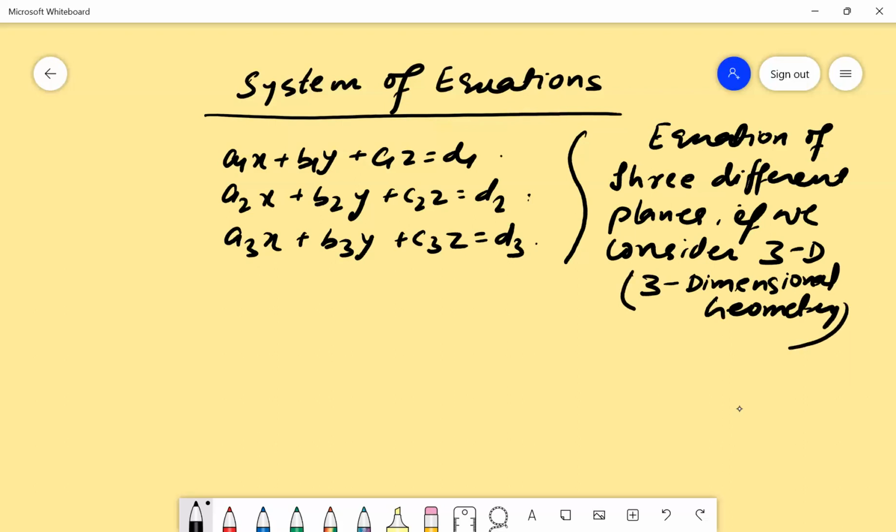But if we take it as a linear equation in x, y, z, then these are simply three different linear equations in x, y, z.